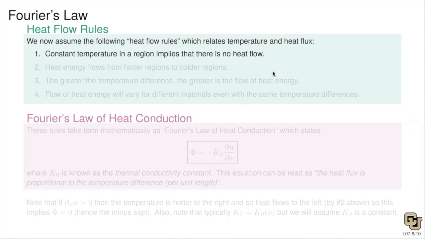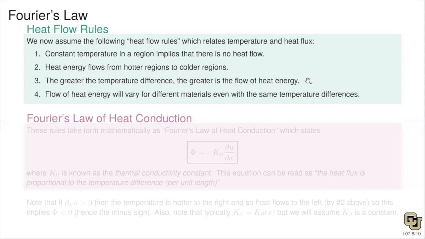Think of being in a swimming pool or not. Heat energy flows from hotter regions to colder regions, right? And we just know this from living in this thing we call reality. The greater the temperature difference, the greater is the flow of heat energy.